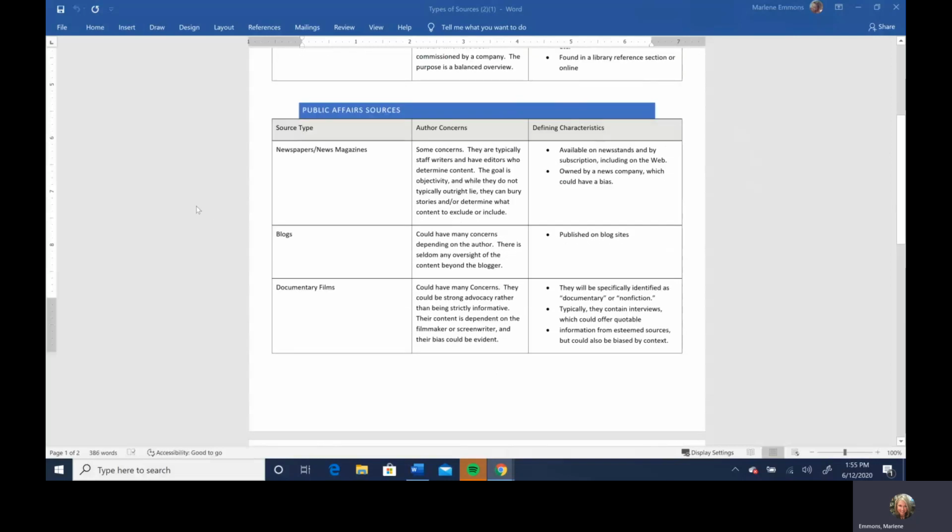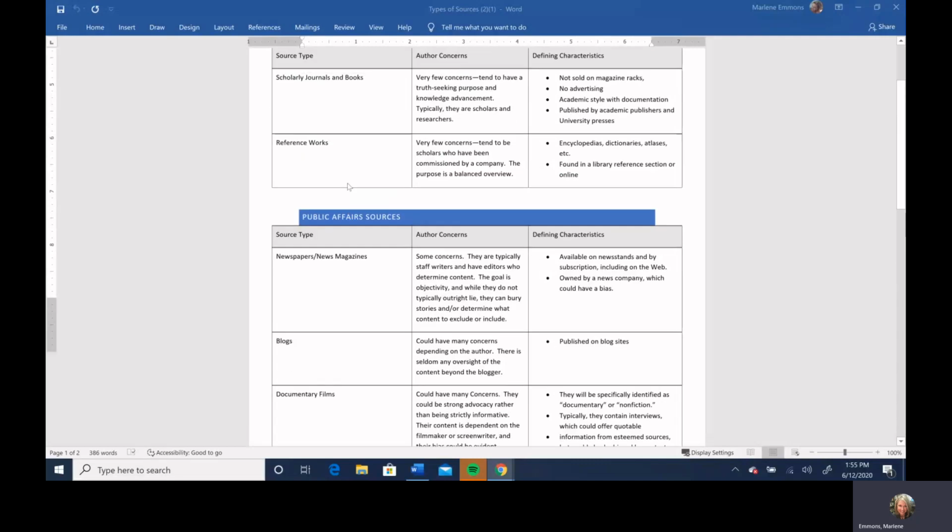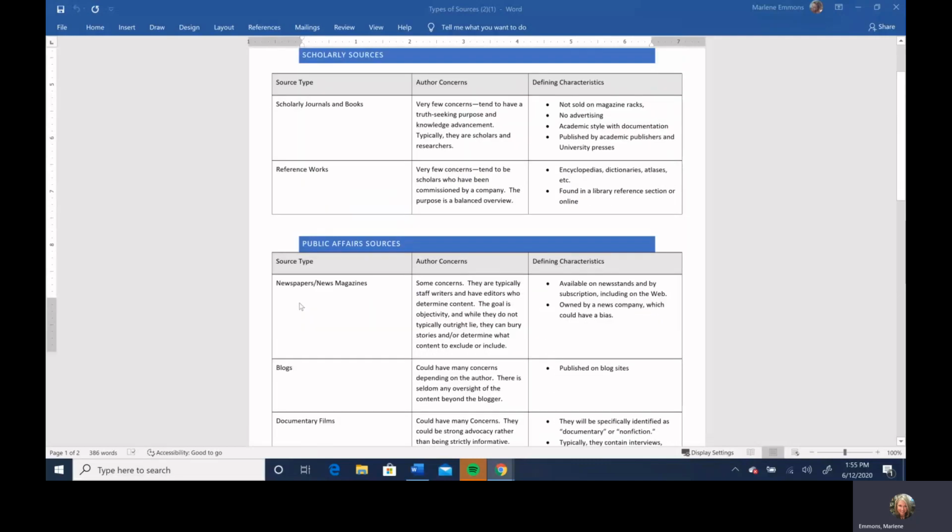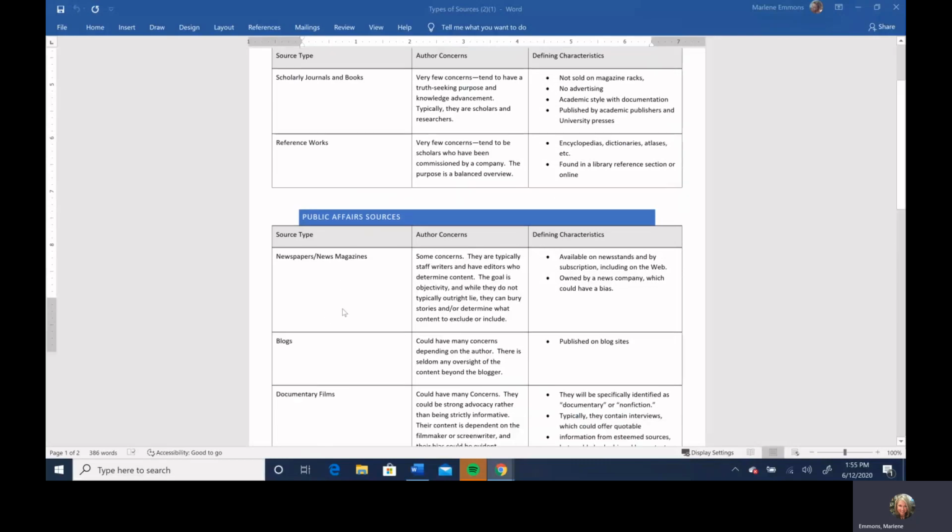Public affairs sources, yes, I'm sure some of you will use newspapers, and these can be actually quite good for really current information. These take a while to be published, so they may not have some of the most up-to-date information if something is a hot topic and going on right at that moment.